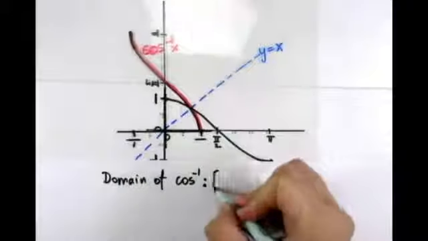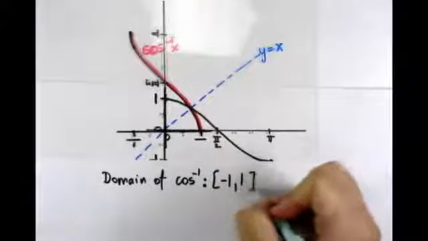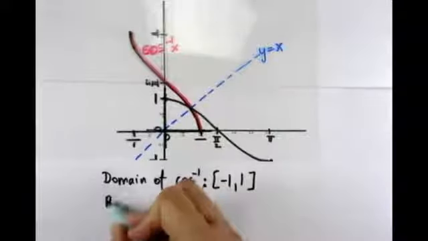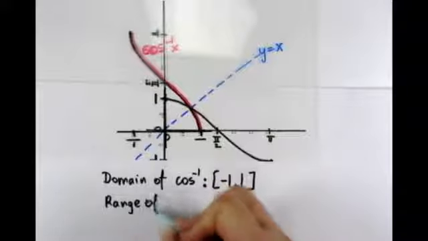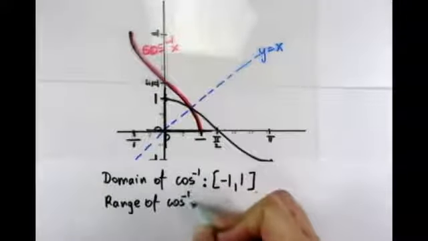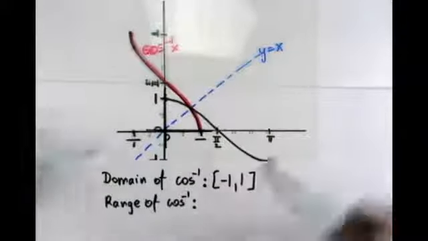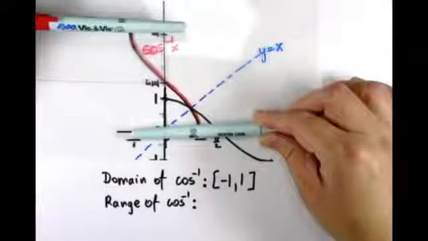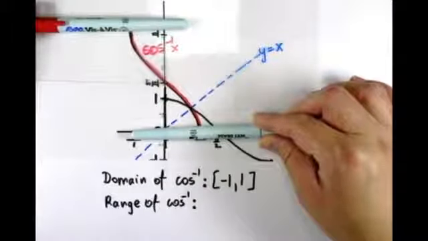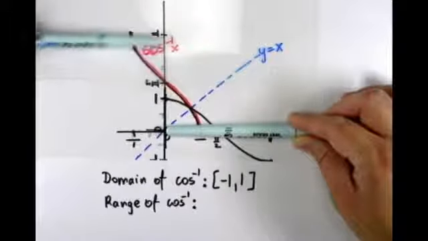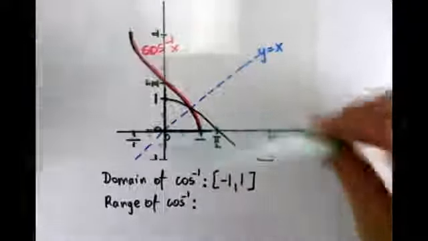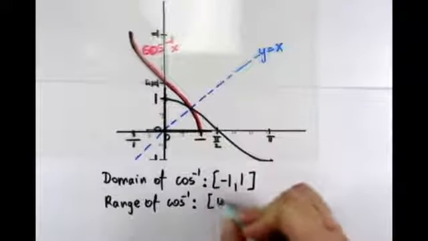Then the range of cos inverse is the window on the y-axis. We have from 0 up to right here, and it says pi. So it's from 0 to pi.